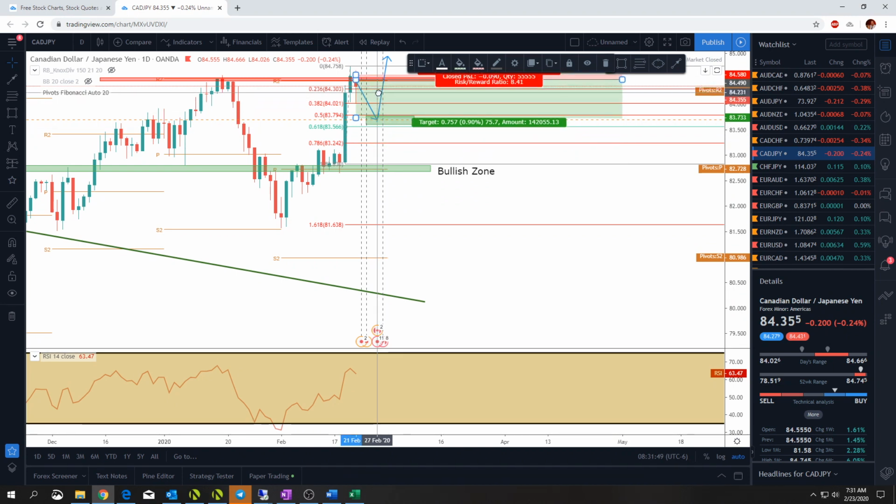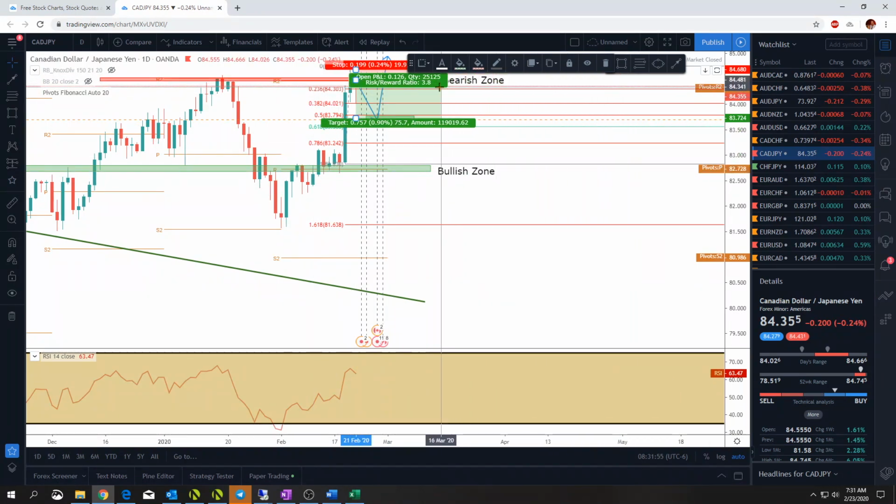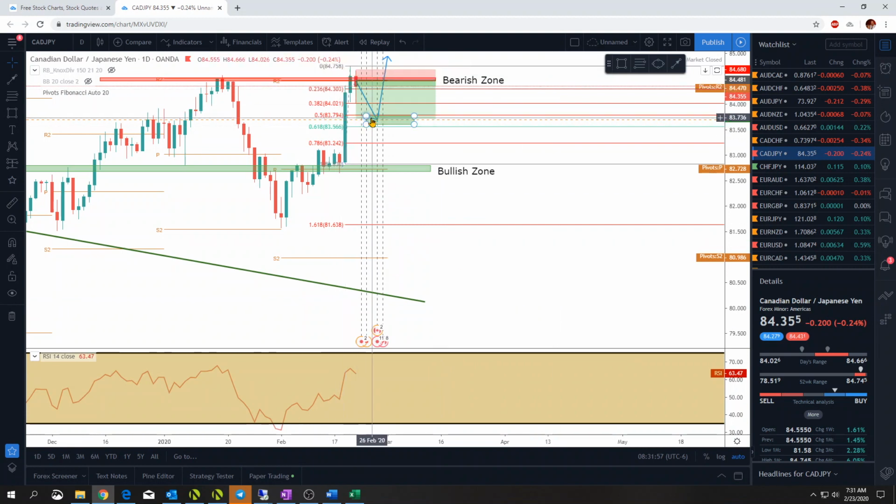So if we come back up and touch R2, put a really tight stop loss on this one and sell this bad boy down to our alert and get out of it, take our profit, and look long on this pair. All right, so I'm keeping that one red.